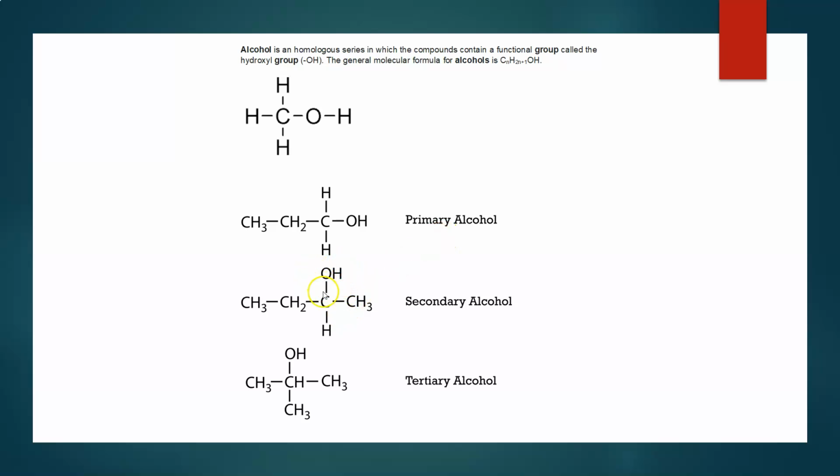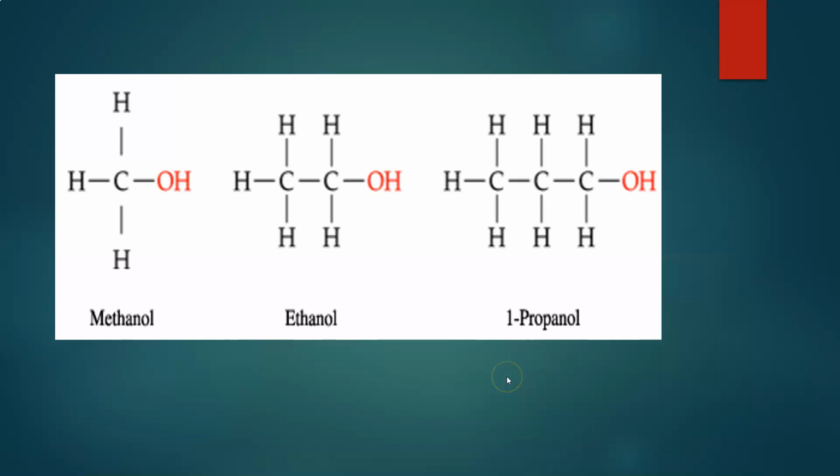But if the OH is bonded to a carbon that at the same time is bonded to 2 atoms of carbon, we call this secondary alcohol, and in this case is tertiary because of the 3 atoms of carbon bonded to this atom of carbon. Some examples are methanol, meth, because only one atom of carbon, and ol because it's an alcohol, ethanol, and 1-propanol.